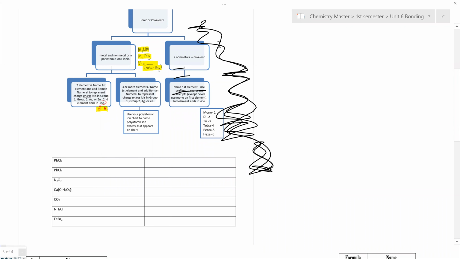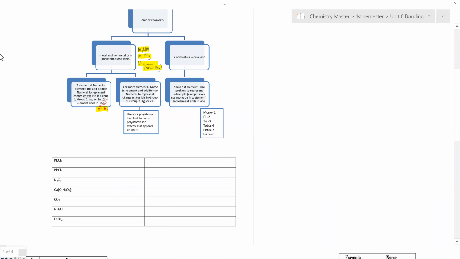I know it's kind of tiny, but it gives me more room to write. We're going to skip this one and this one, and I'm going to give you one more extra one. Let's start with this one that I just wrote.